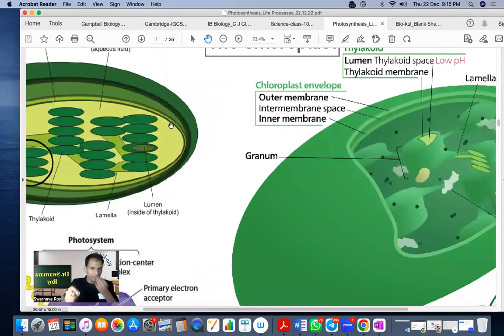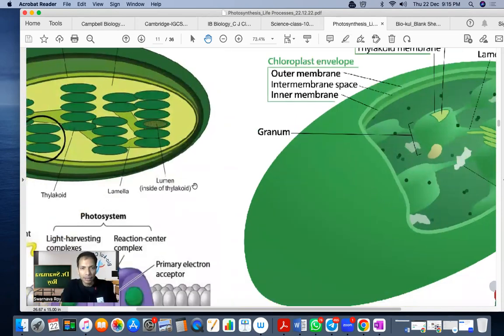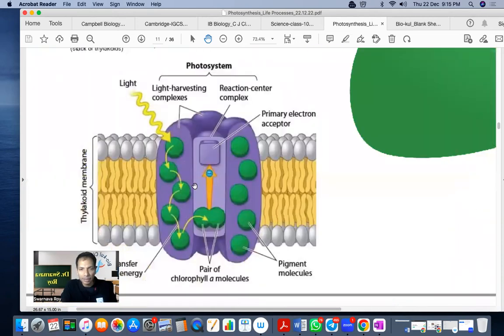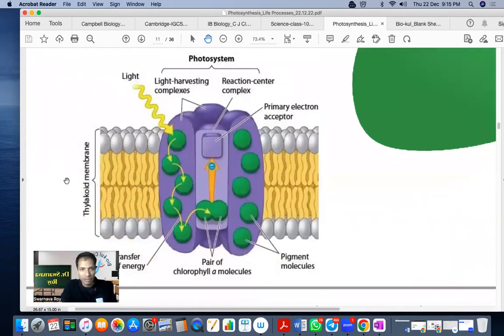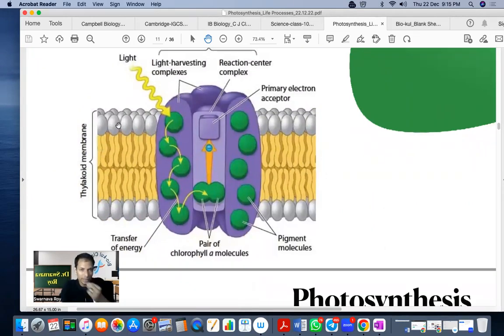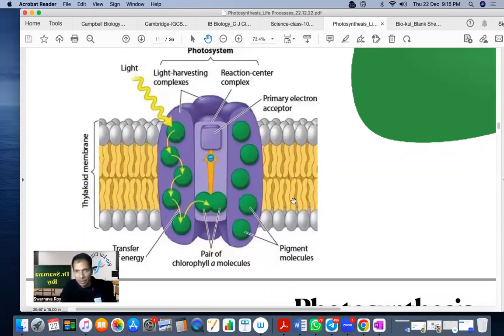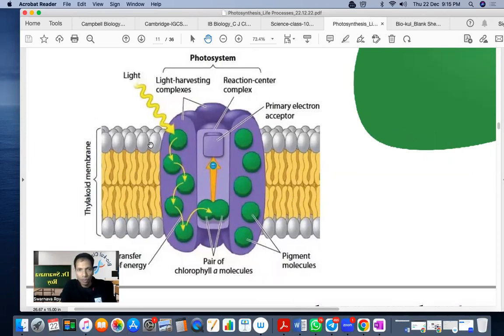The thylakoid membrane is a lipid bilayer. You can see it is a bilayer, a lipid bilayer, where there is the polar head and the tail.